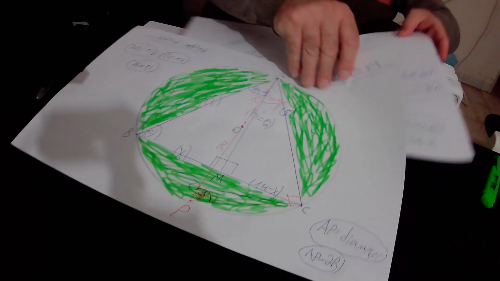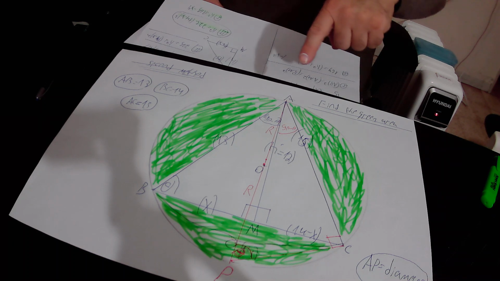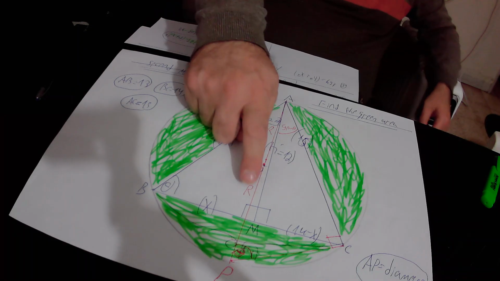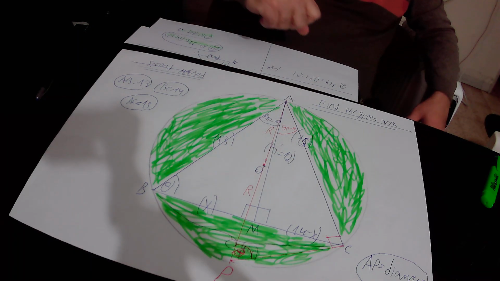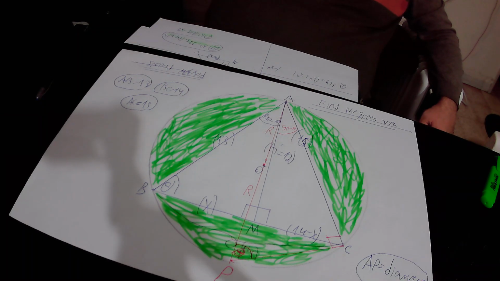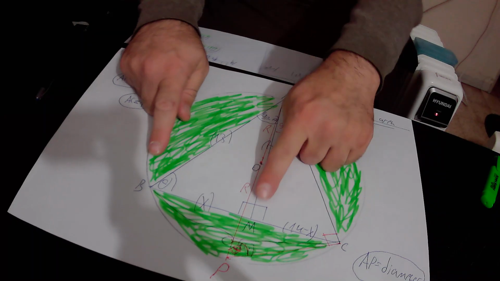In the second method, we did a construction: from point A we draw a perpendicular on BC. So this angle equals 90 degrees, and this angle equals 90 degrees according to our construction. We define the touching point of the perpendicular from point A and BC as M. Then we define side AM as h and we define side BM as x.